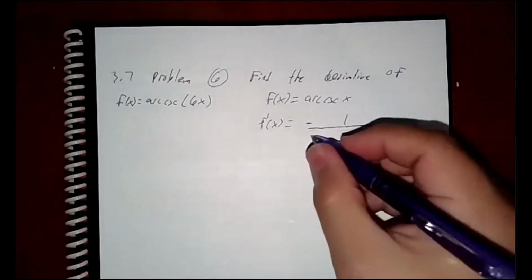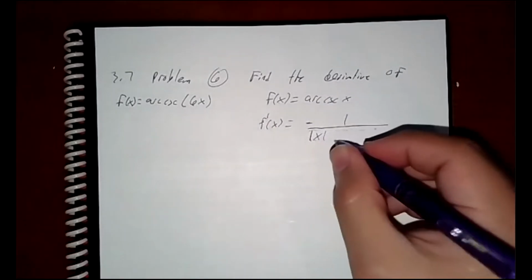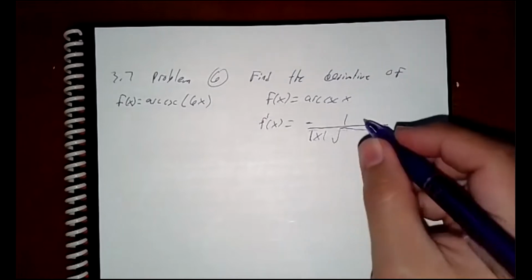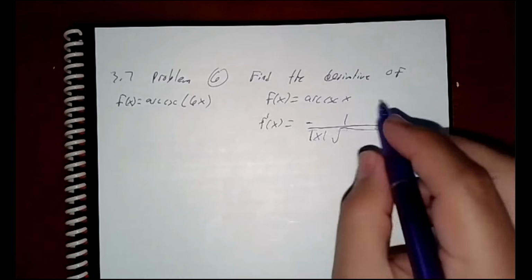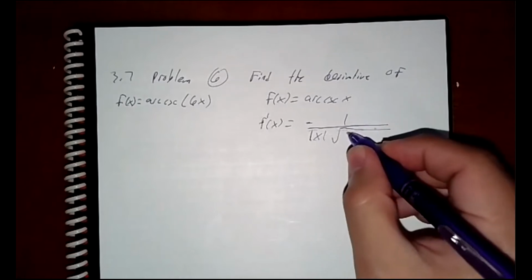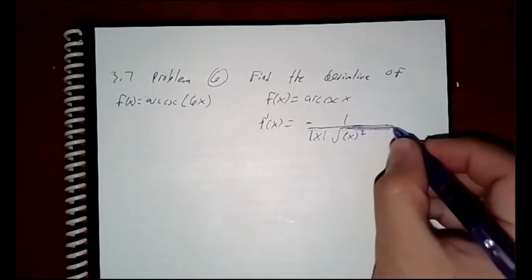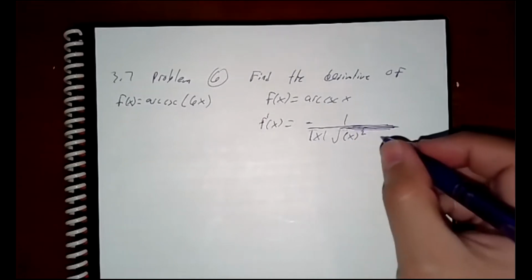The formula is the absolute value of x times the square root of x squared minus 1.